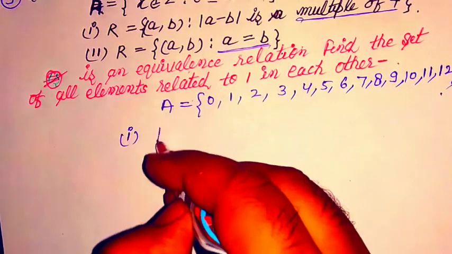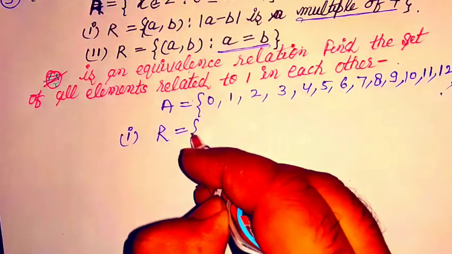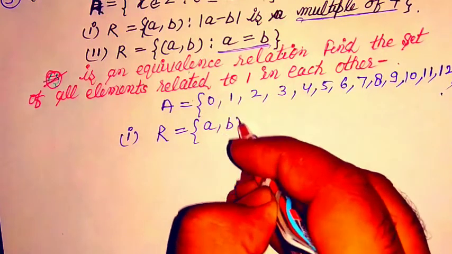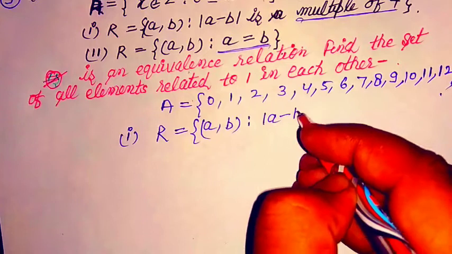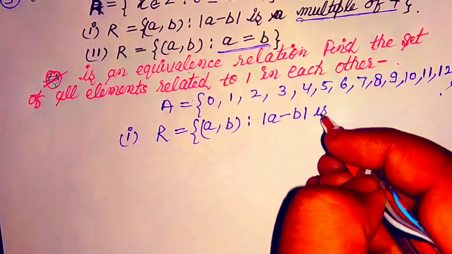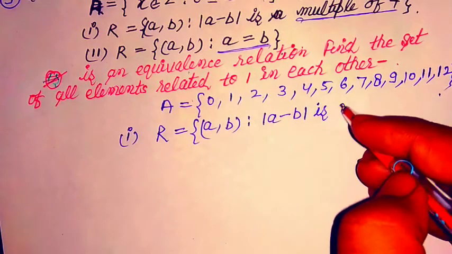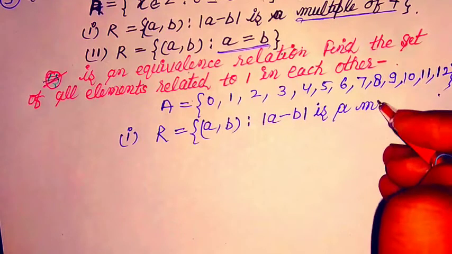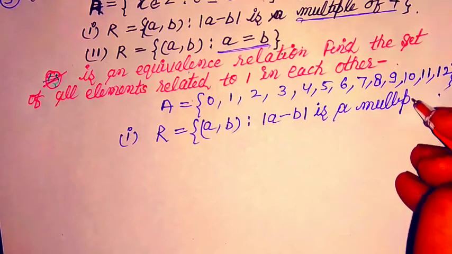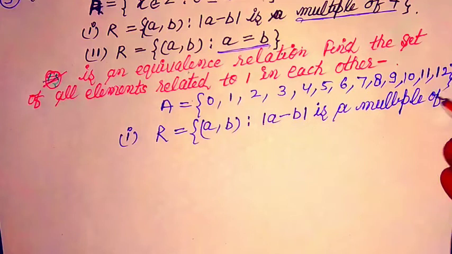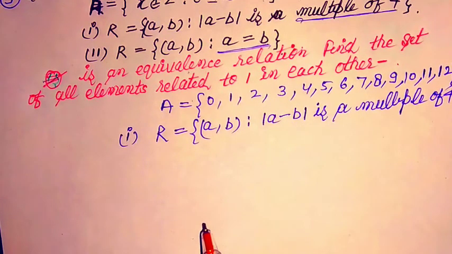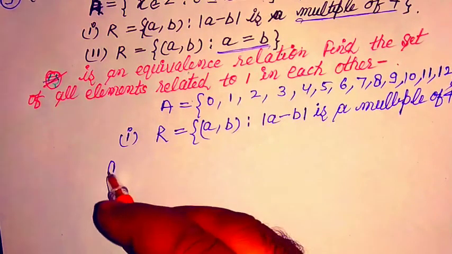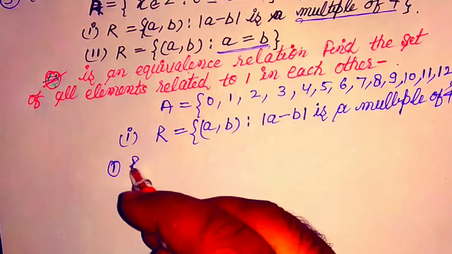We can say R is a relation where the condition is |a minus b| is a multiple of 4. So we need to show that it is an equivalence relation. First we will see reflexive.